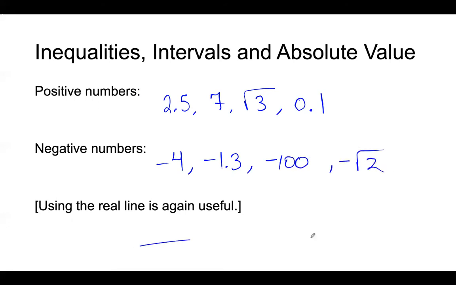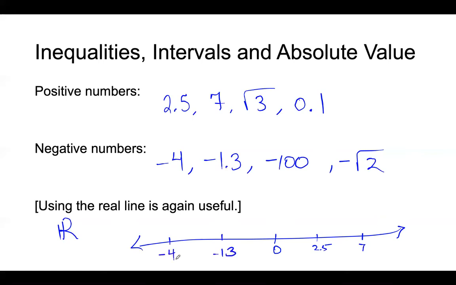And we can, again, of course, draw them on the real number line, with this capital R with 2 lines. So in the center is 0, and we can map 2.5, 7, negative 1.3, and negative 4 onto this real number line.